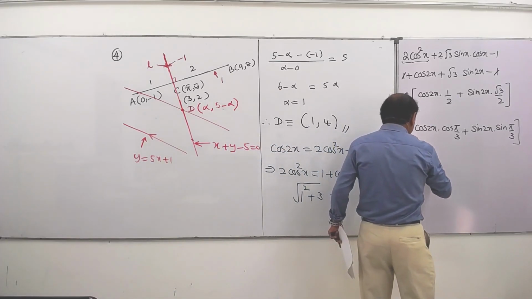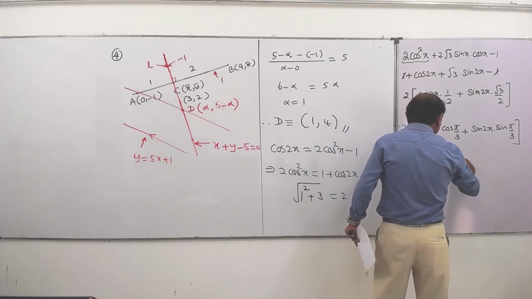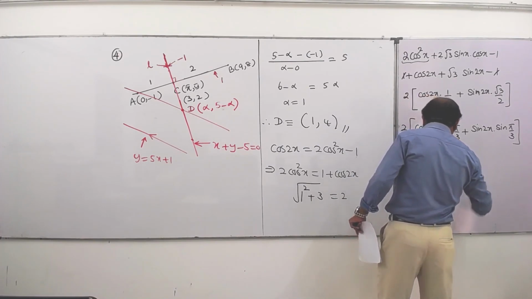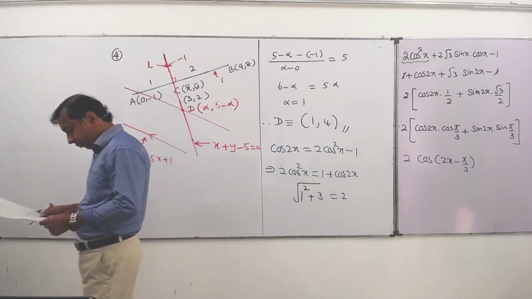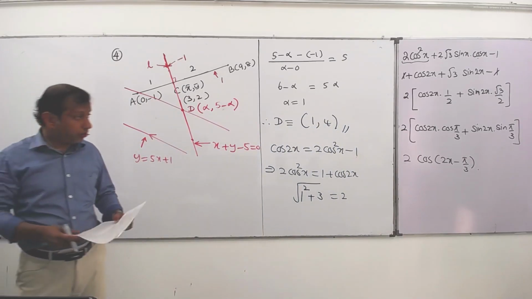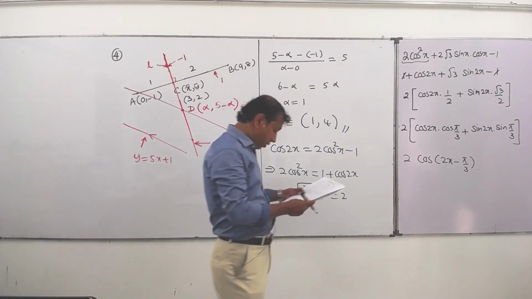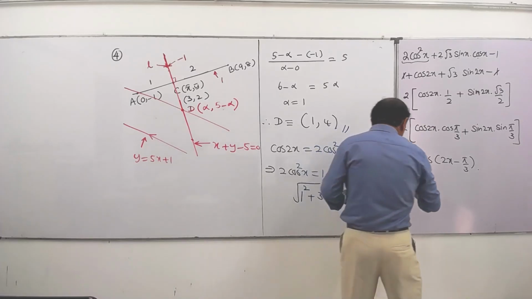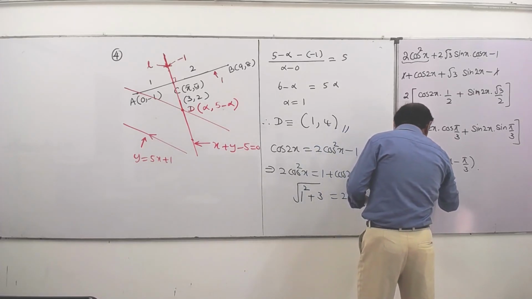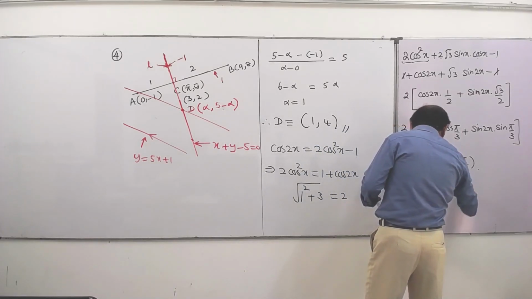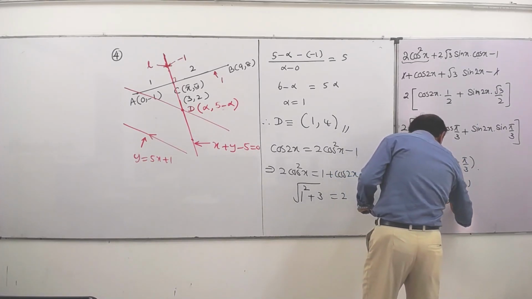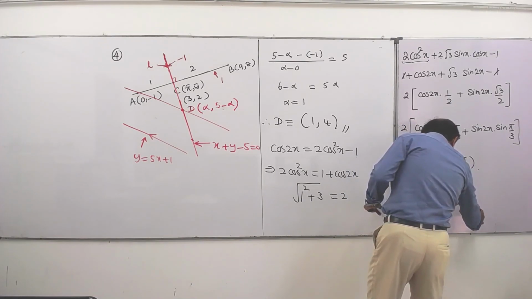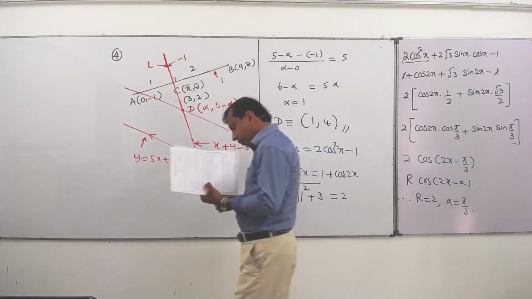So 2 cos(2x minus pi by 3). Then you can compare this with the given r cos(2x minus alpha). Then r should be 2, alpha should be pi by 3. Right? We get this.